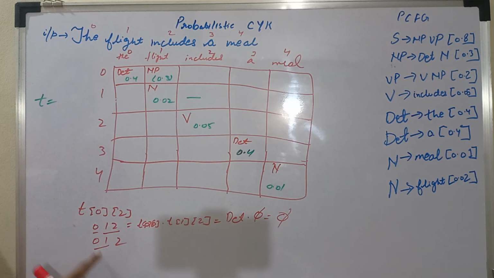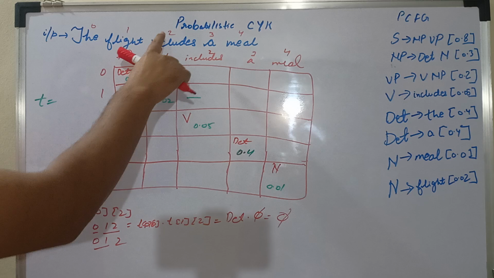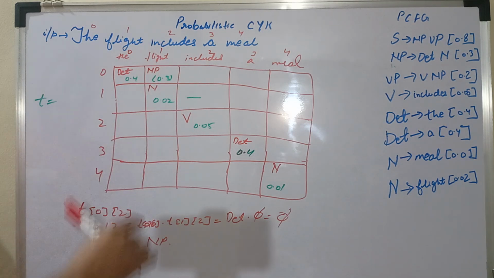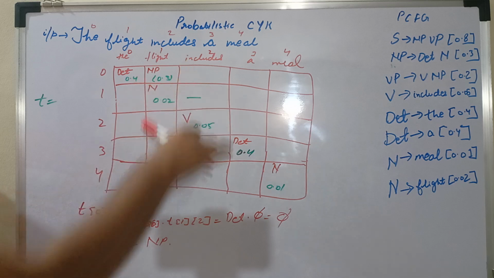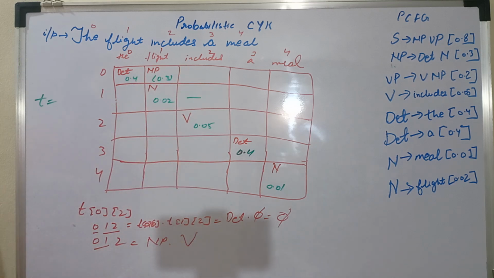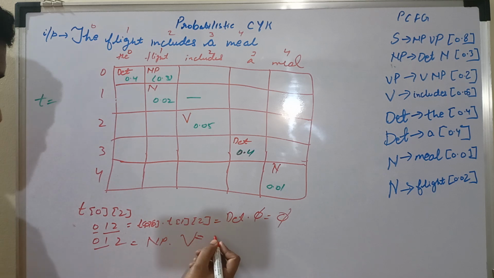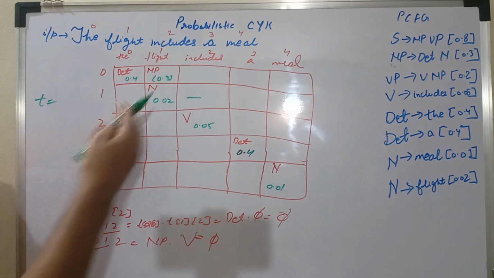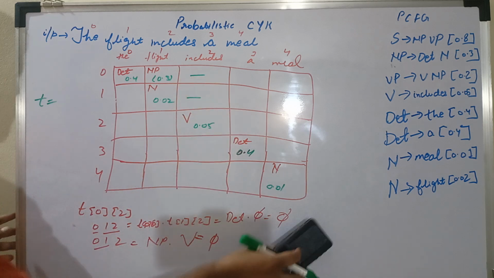Similarly here 0 1. So T0 1 is NP, and 2, that is T2 2, is V. So NP into V, we do not have any such rule, so this also becomes 5. We can just put a blank here as well. Blank or 5, anything means the same.